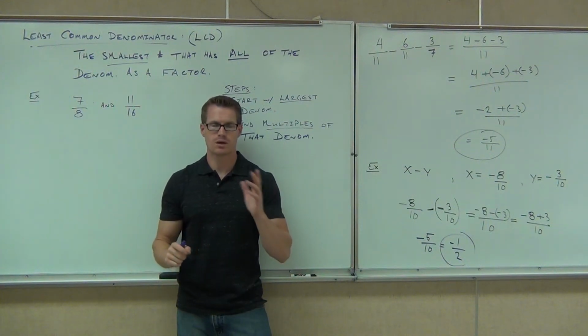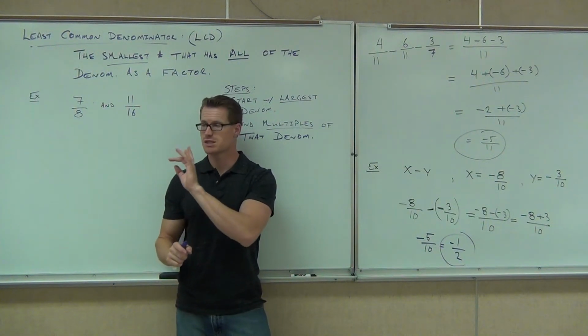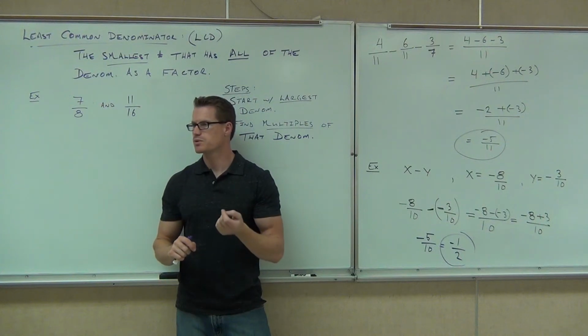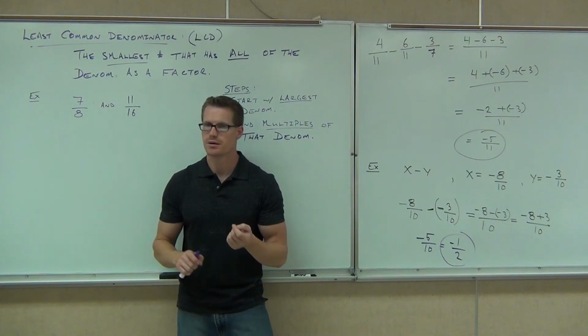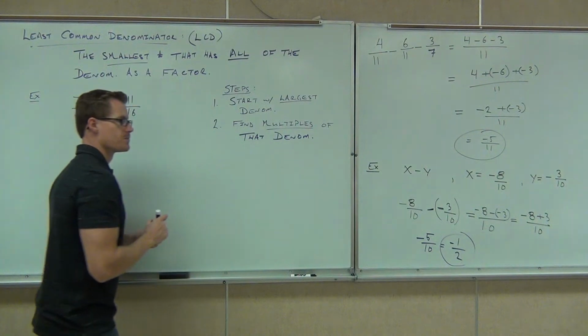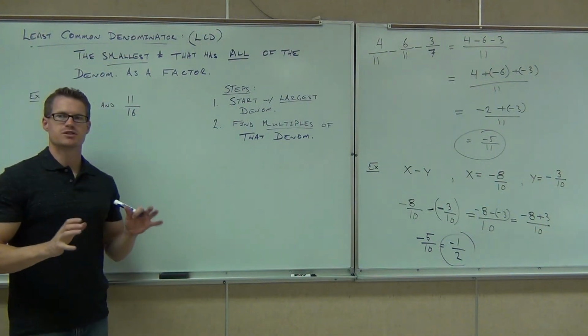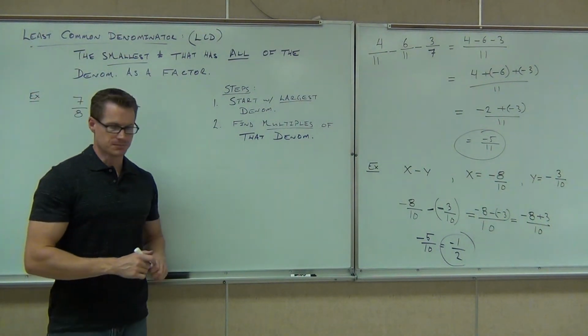What we're doing, we're looking for the largest denominator, which is 16. We're going to start finding multiples of that number. The first multiple that all the other denominators divide, that is your LCD.